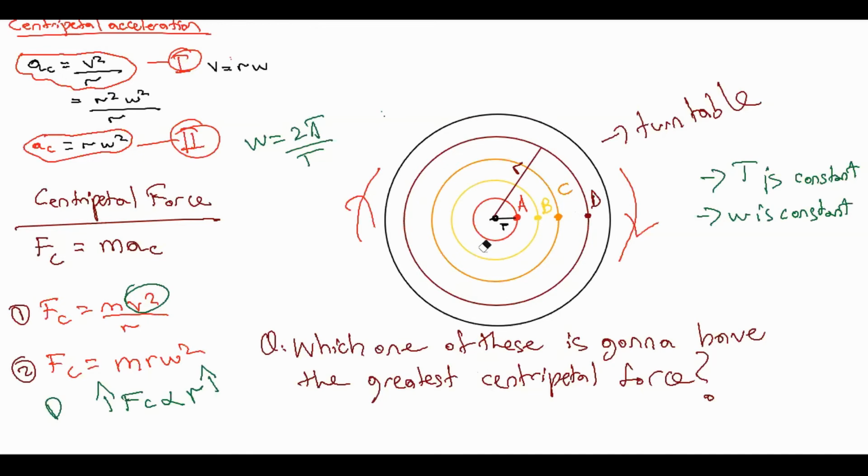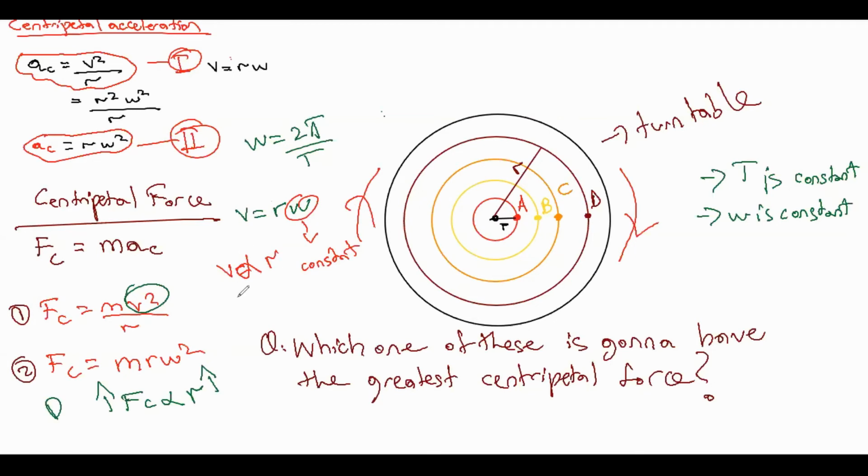Exactly. Now, let me explain my point. What is the formula for velocity? V is equal to R omega, right? And I just proved that omega is constant, right? So I know that velocity is directly proportional to the radius. Isn't that true?